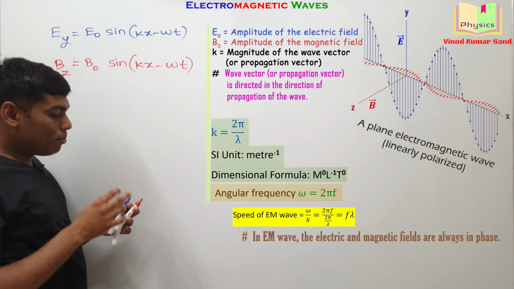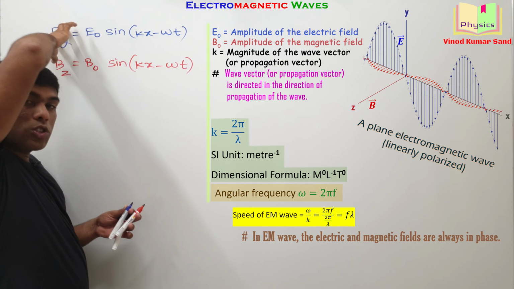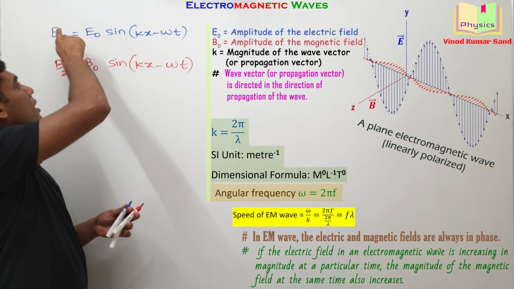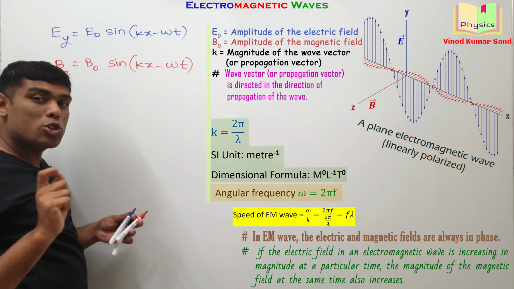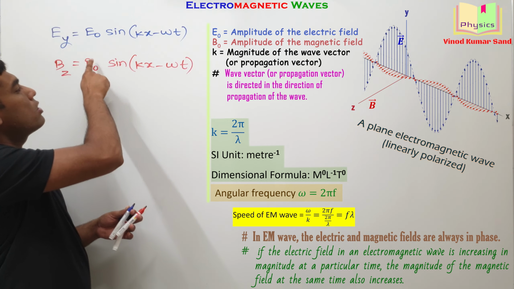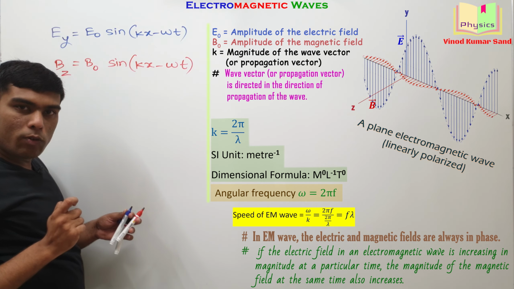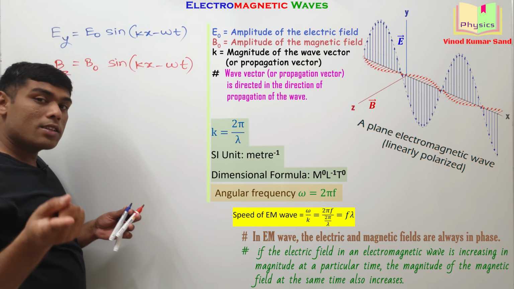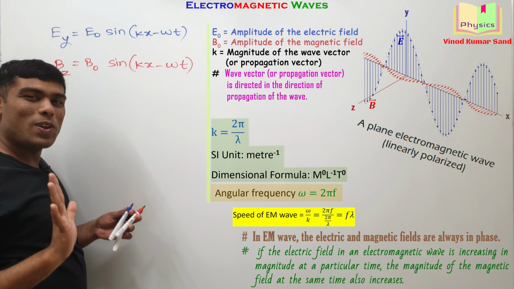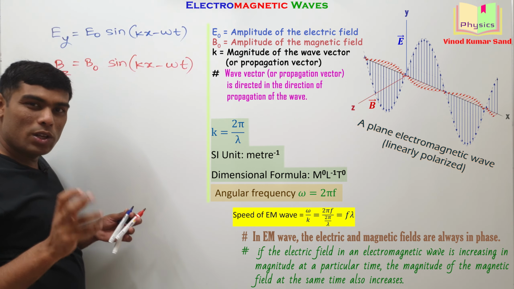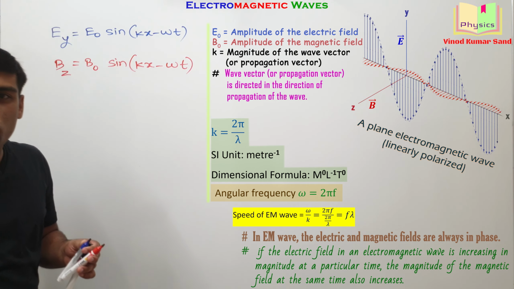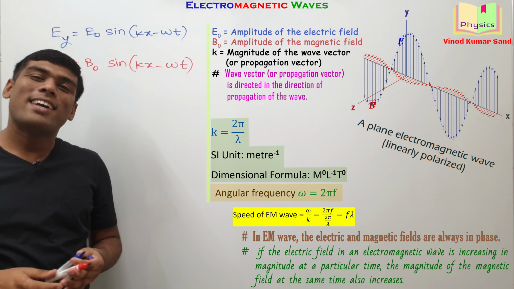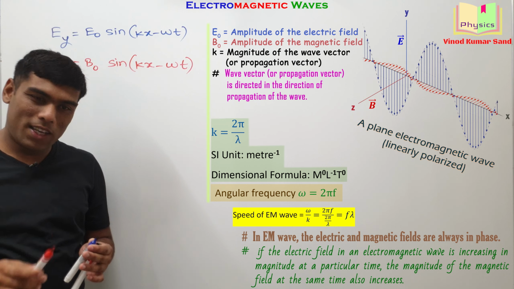It means the moment the electric field strength is 0, the magnetic field strength will also become 0. The moment the electric field strength reaches its peak value, the magnetic field strength will also reach its peak value. The moment the electric field strength becomes E0/2, at the same moment, the magnetic field strength will also become B0/2. In an electromagnetic wave, the electric field and the magnetic field are always in the same phase.